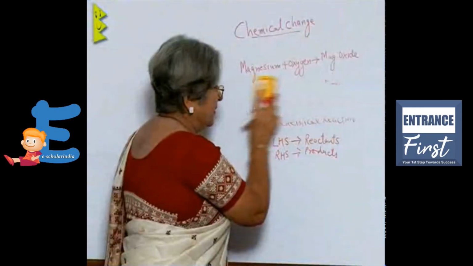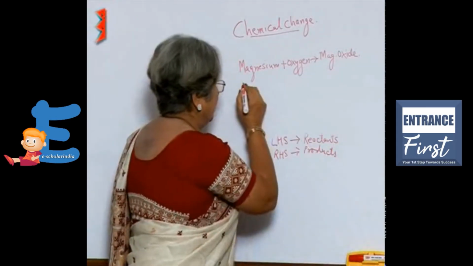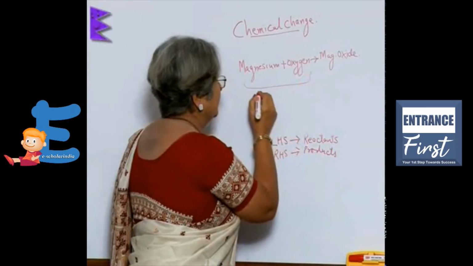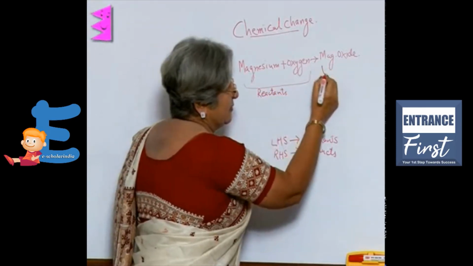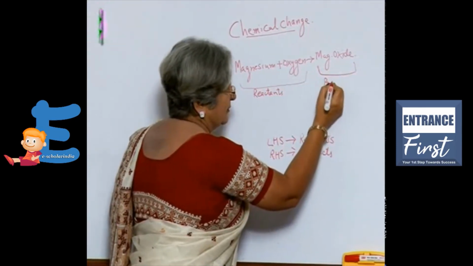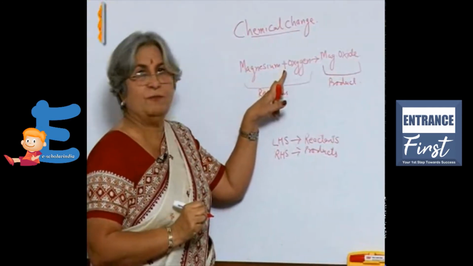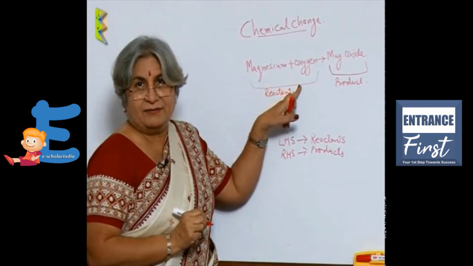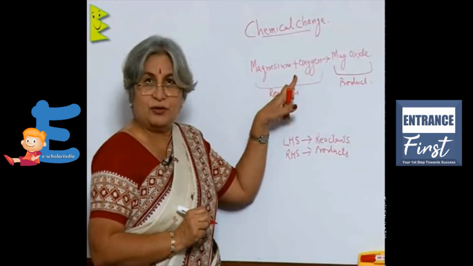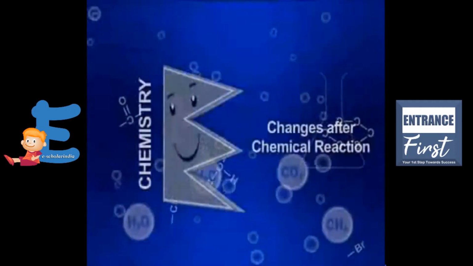So, in a chemical equation, these are the reactants and magnesium oxide is the product. Now what you have seen is there is a symbol of plus. Now whenever two compounds are reacting with each other and we want to talk about more than one substance, we put a plus.